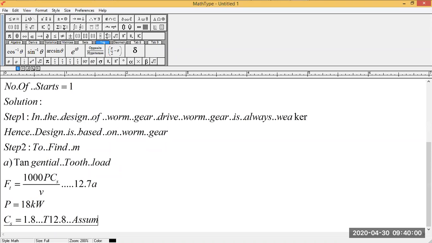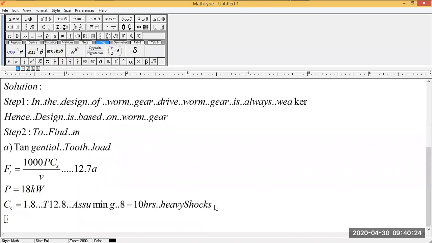Assuming 8 to 10 hours, heavy shocks. You can refer to this in the table.